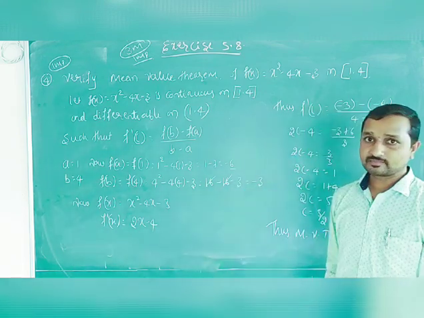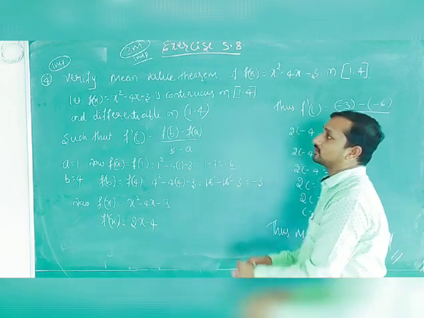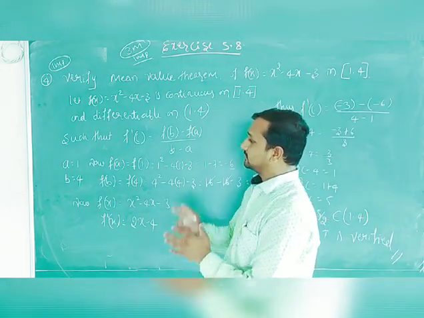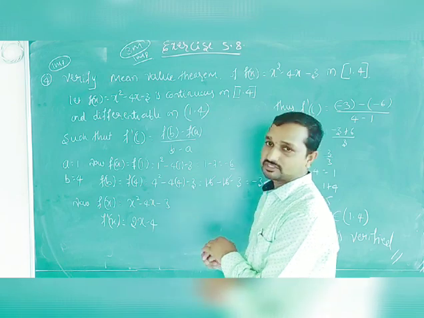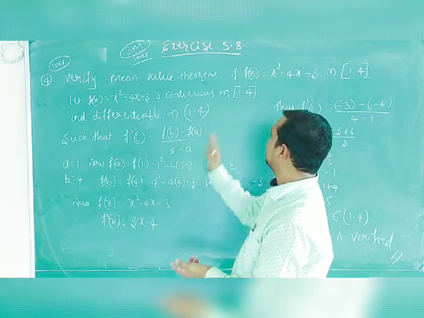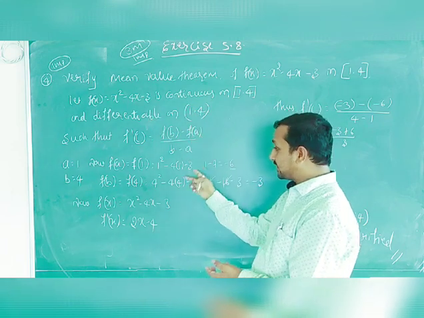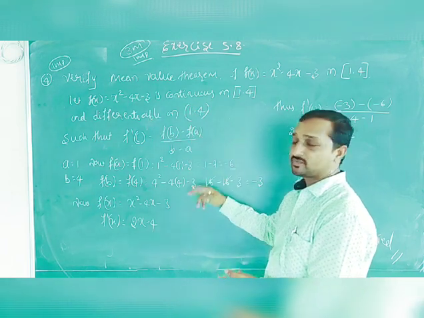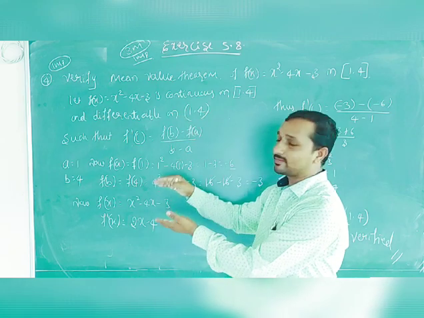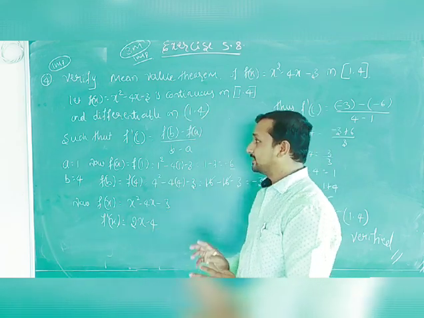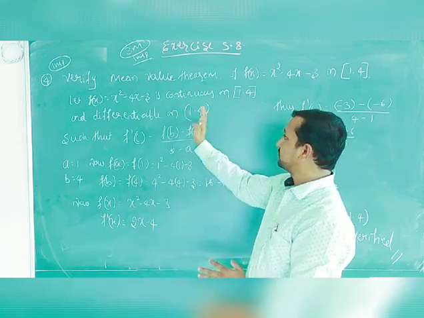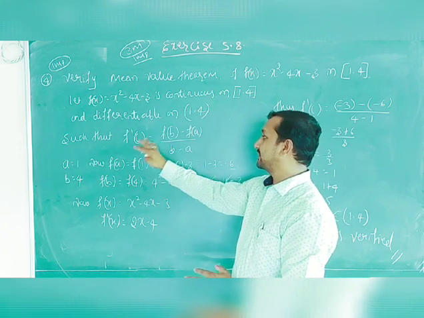This is the procedure. Compare it to Rolle's theorem; this is a different procedure. In Rolle's theorem, up to this point it is the same: we find f of a, f of b, and equate f of a equal to f of b. Suppose f of a equal to f of b, then we continue with f dash of c equal to 0. Here, the procedure is the same up to this point, then you find f dash of c.